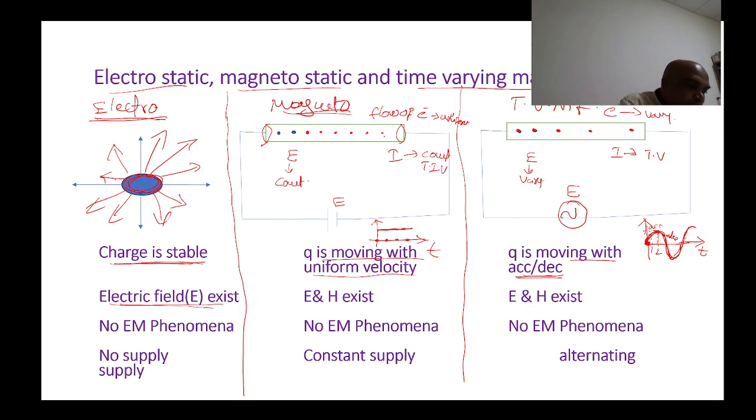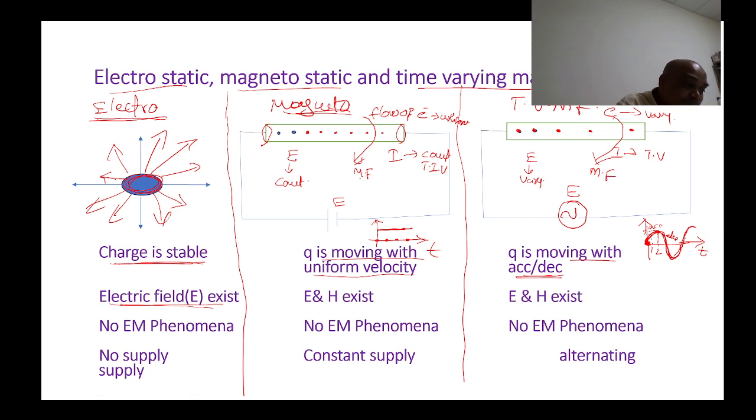Okay. So whenever the current passes through the conductor, see, this is the conductor. Suppose the current passes through the conductor, what happens? A magnetic field is developed. Here also a magnetic field is developed.